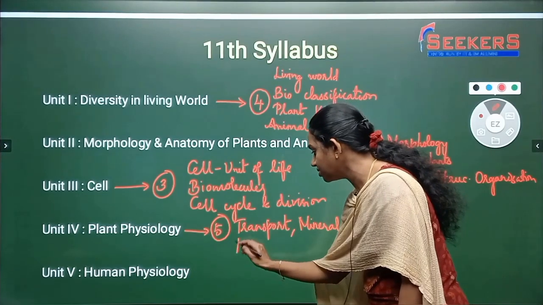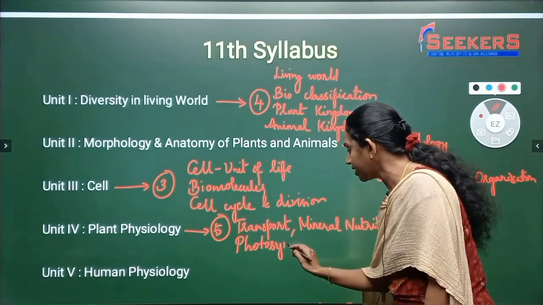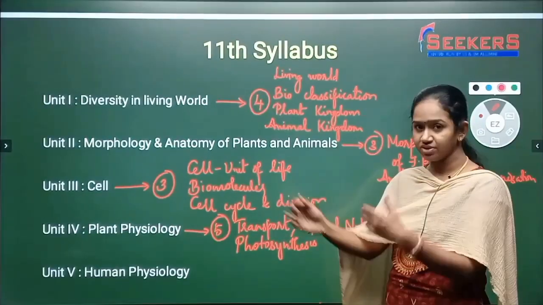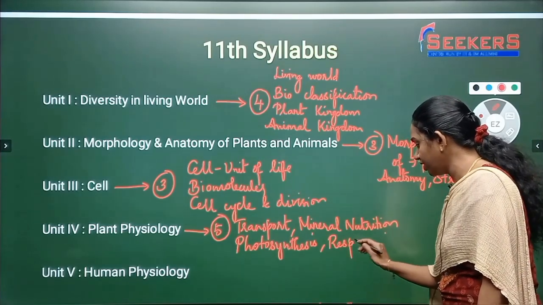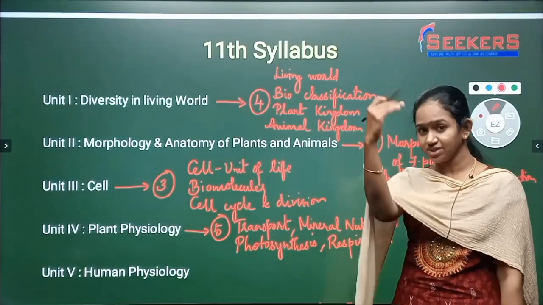Then the third chapter is Photosynthesis. We will study the detailed mechanism of photosynthesis, light reaction, dark reaction, everything. Then the fourth chapter is Respiration, where you are going to study the cellular respiration process, how it takes place step by step.